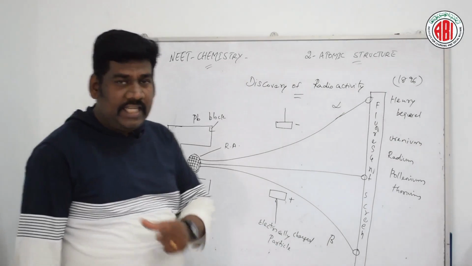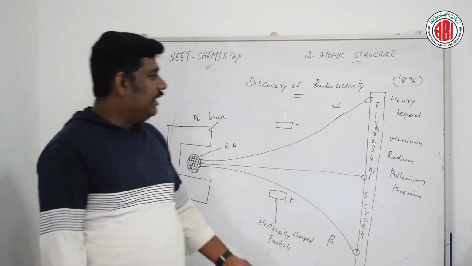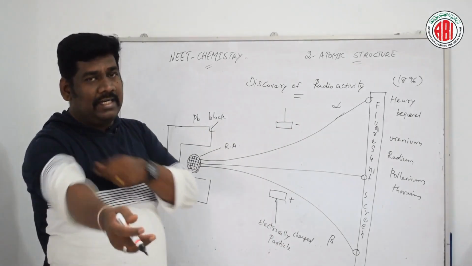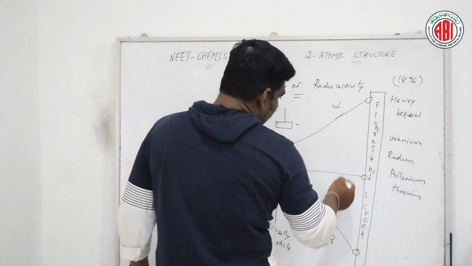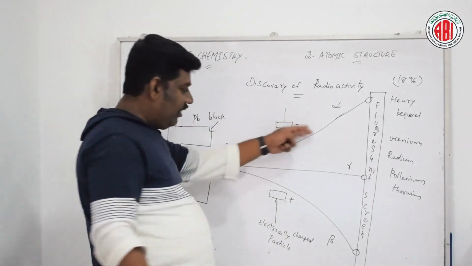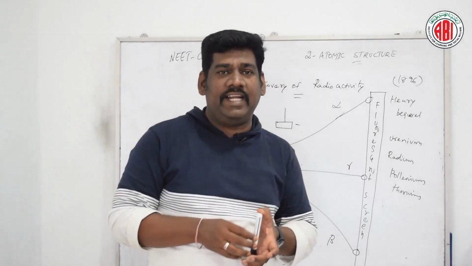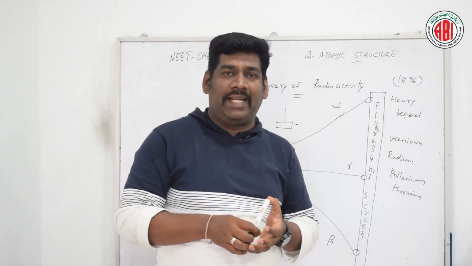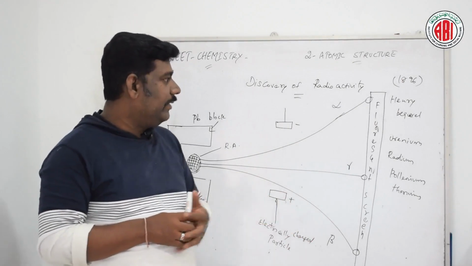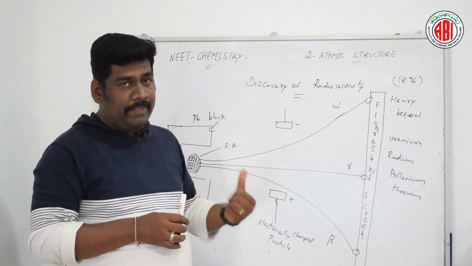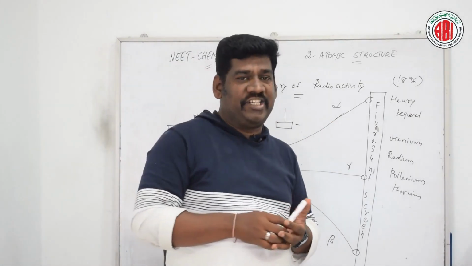The rays that are not deflected, which penetrate through and are recorded on the photographic plate, are considered to be gamma rays. So alpha rays, beta rays and gamma rays: these are the three different radiations recorded on the photographic plate, fluorescent screen, by this experiment performed by Henri Becquerel in the year 1896.